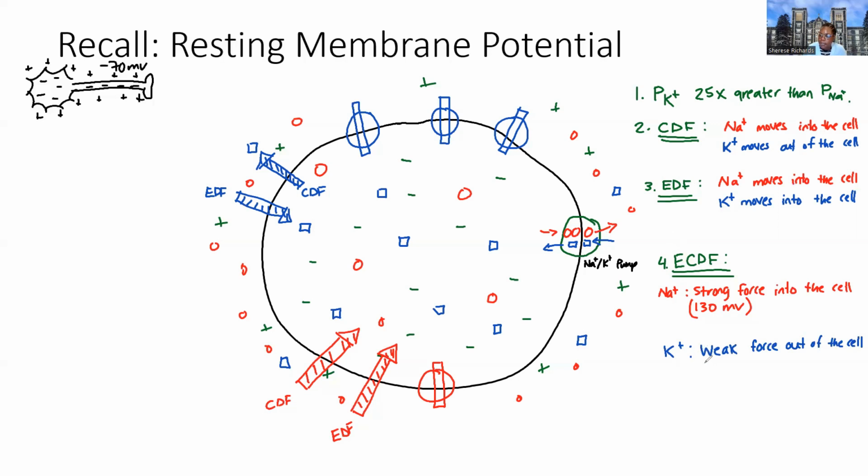But potassium's equilibrium potential is -94 millivolts. This is where potassium is at home. So it's very close to the resting membrane potential, which is why we have a weaker force. Although we have greater permeability, the strength, the force, the magnitude with which the potassium wants to move is going to be weaker or smaller.